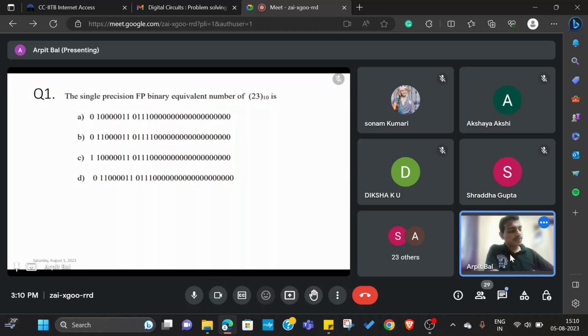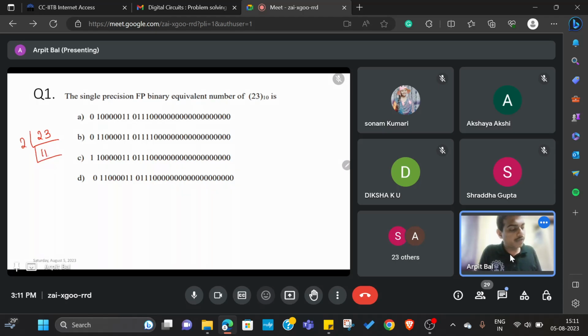The first question is to find the single precision floating point binary equivalent of 23. First we will convert 23 into binary form. Just like the previous examples that we did in week 1, we need to divide it by 2.